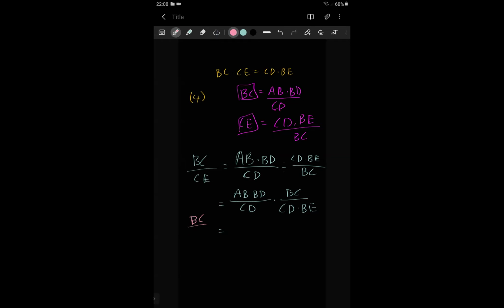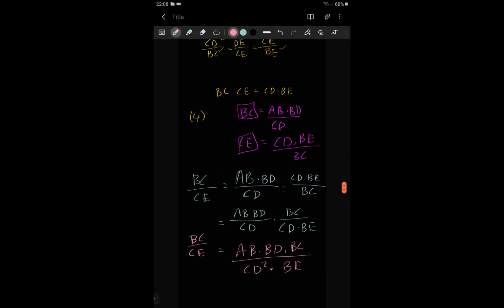So this over this. Then you have CD squared dot DE. Has this helped anyone? Doesn't look like it's helping anyone.